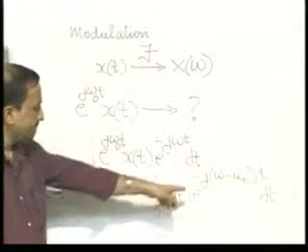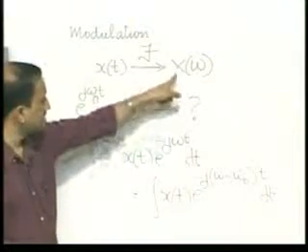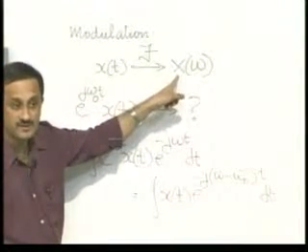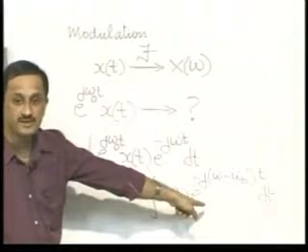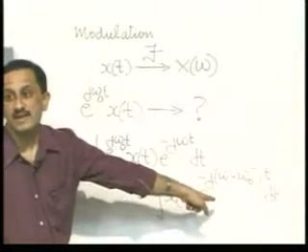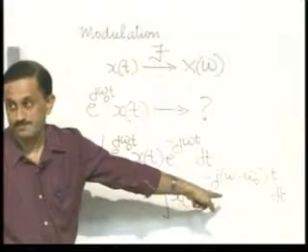So, quite clearly, since X of omega is convergent, we assume that is the case, this also converges. The only change is to replace omega by omega minus omega naught.